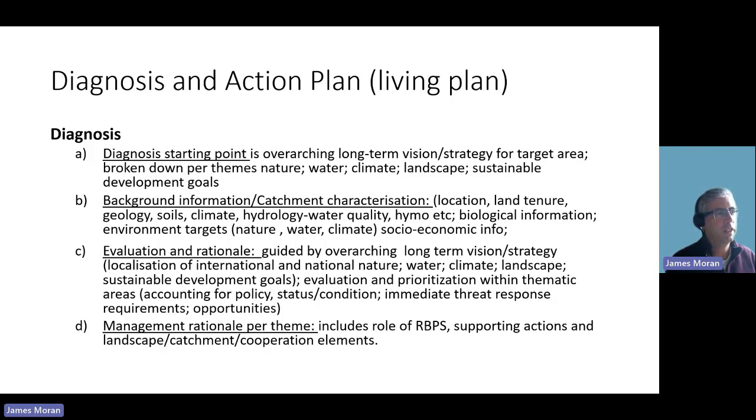So background information, the catchment characterization, numbers of farms in an area, the land tenure, the geology, climatic conditions, the biological information, and socio-economic information are all important in terms of evaluation and the rationale for the measures that are to be applied, and the appropriate combination of results-based and supporting actions or landscape actions required within the area.